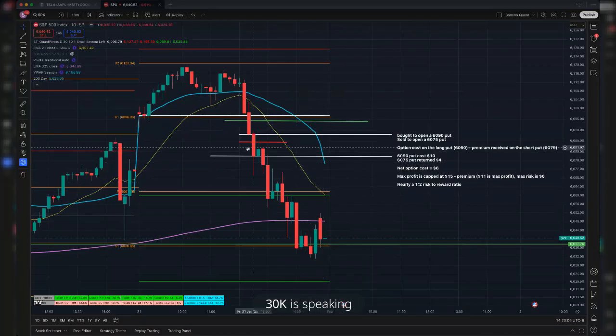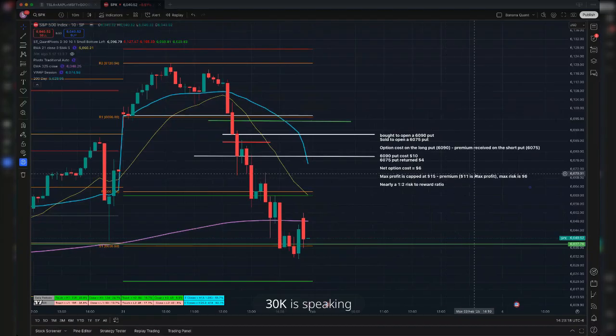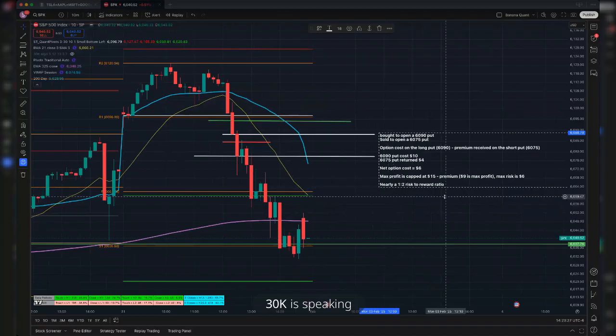So your risk is the $6 here. Your max gain or your profit potential is the $11, or, don't tell anybody I screwed up my math on this. It's Saturday, I get a break, right?